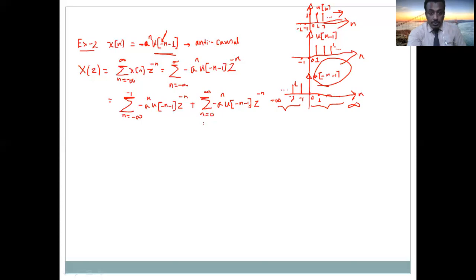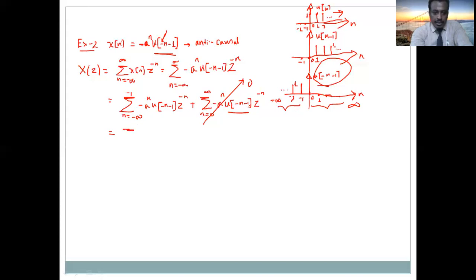So what will this be? This will be 0 from 0 up to infinity, because u of minus n minus 1 is 0 there, so the multiplication and the summation of all zeros will be 0. From minus infinity up to minus 1, u of minus n minus 1 is 1.